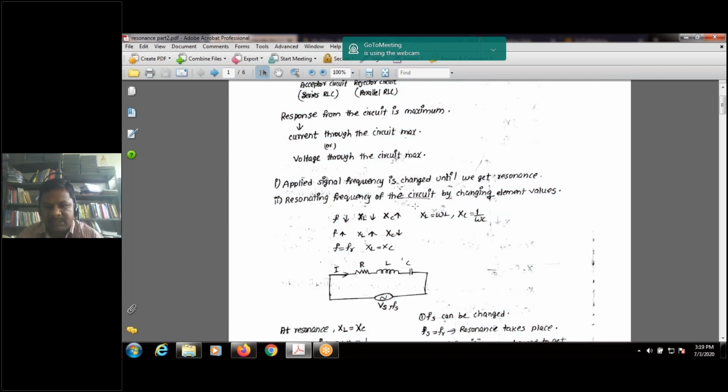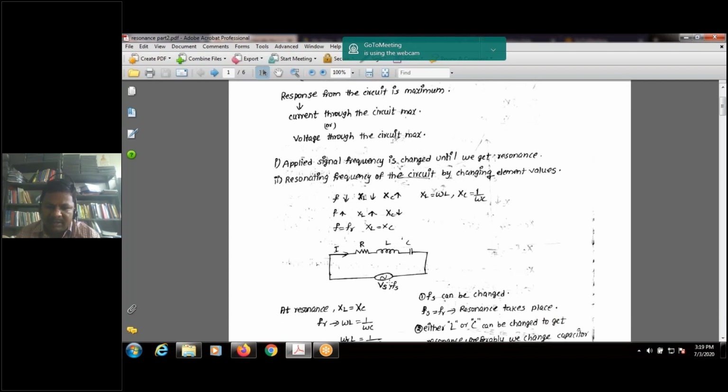Okay, remember these two element properties with respect to frequency. So these two are important, right? Once again, with respect to inductor, as frequency increases, inductive reactance also increases, whereas capacitive reactance decreases.